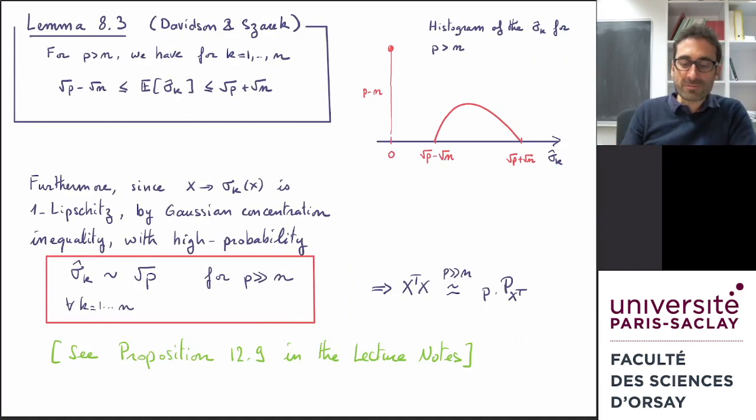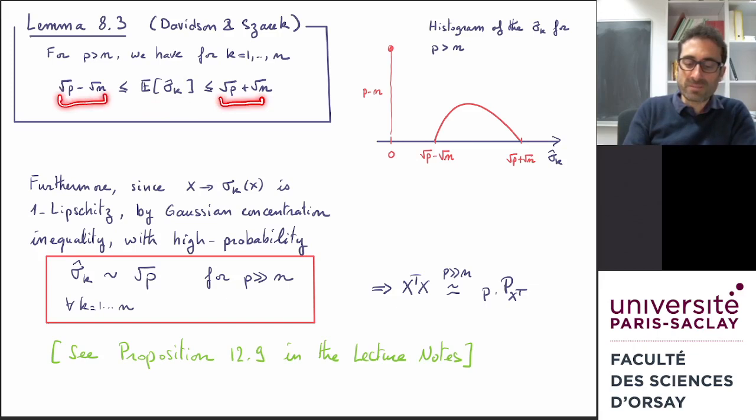For example, there is a nice result of Davidson and Szarek, that we will not prove, which tells us that in our Gaussian setting, the expectation of the singular values is between square root p minus square root n and square root p plus square root n.